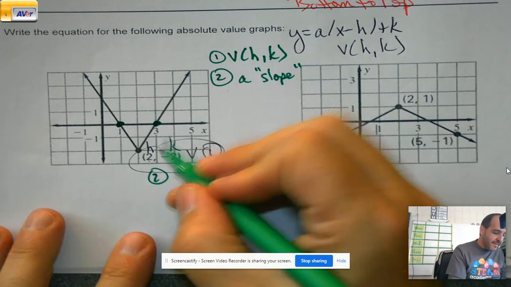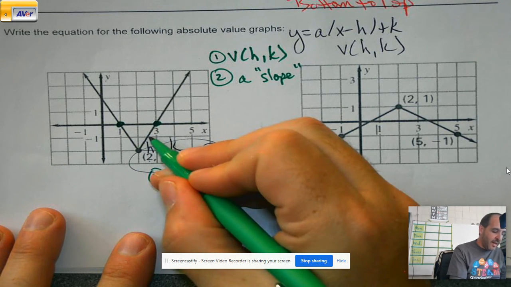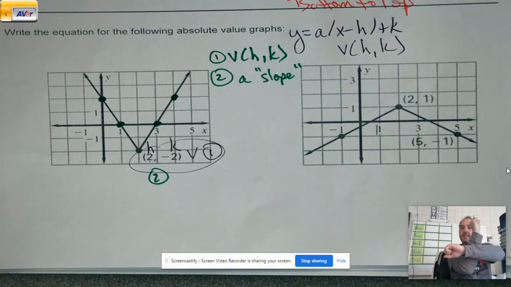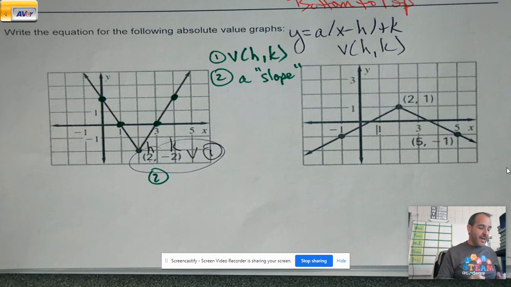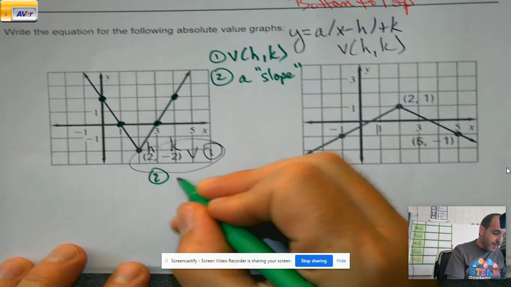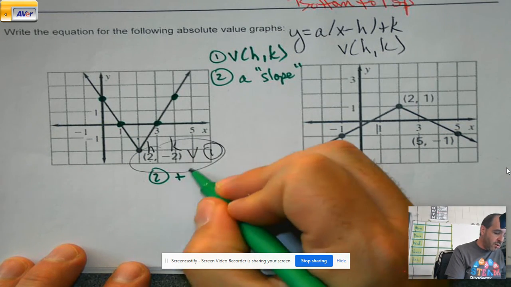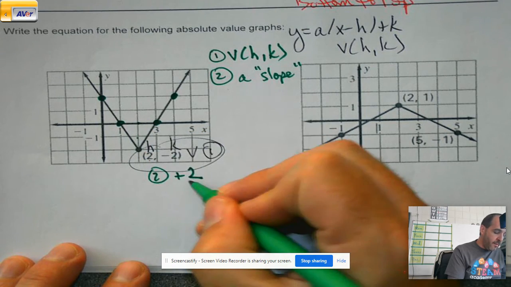Like this isn't going through crosshairs, that's just a random place. But if I'm looking for where they're going through those intersections, I'm going to count. I'm going to say, oh, it's going up, so it's positive. What's it going up? It's going up 2 and over 1.